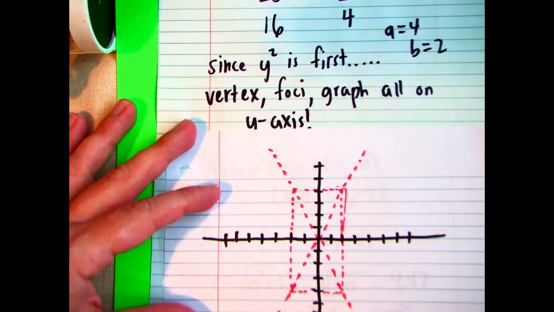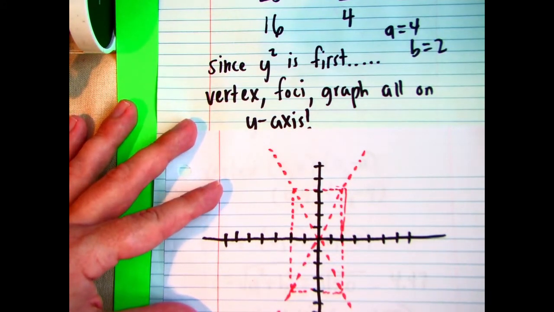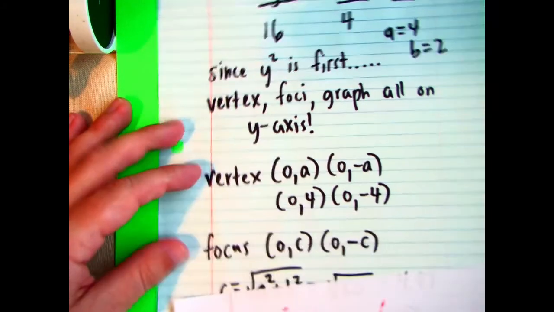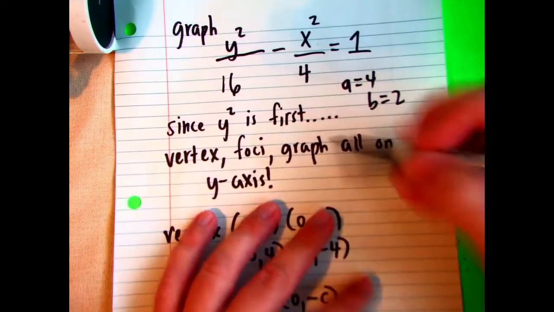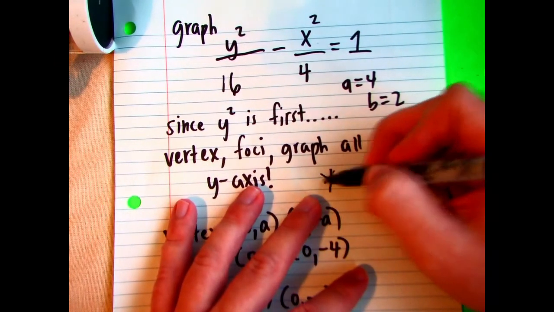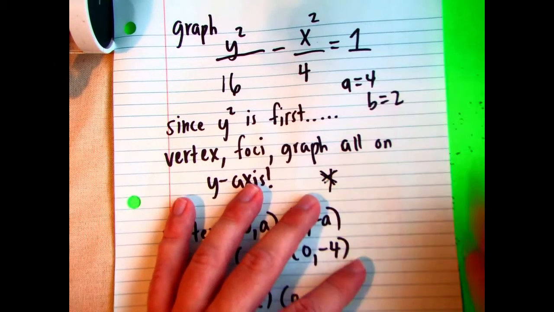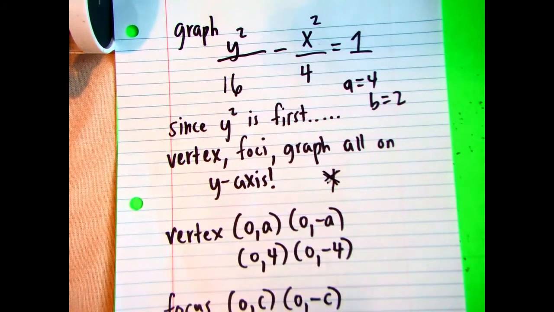So the equation of these asymptotes is also different. I'll give you a little side note here.